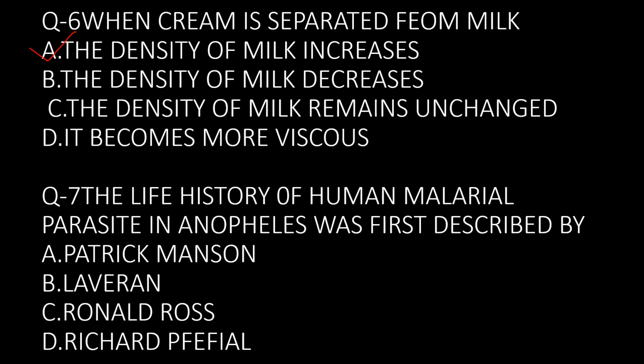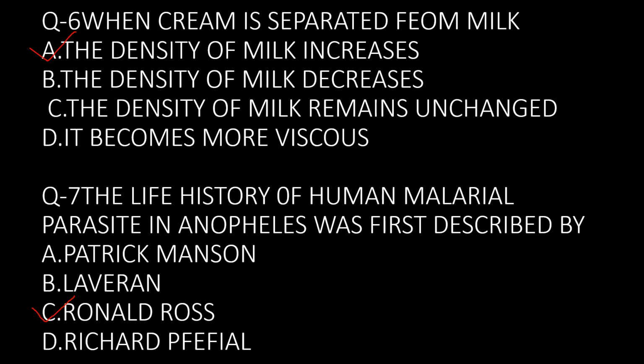Our next question is: the life history of human malarial parasite in Anopheles was first discovered by. And the right answer is option C, Ronald Ross, who discovered the malaria vaccine also.